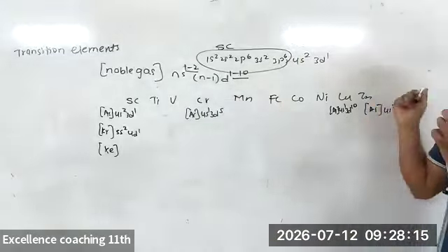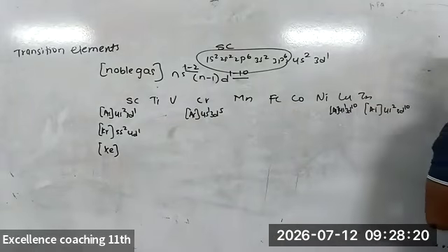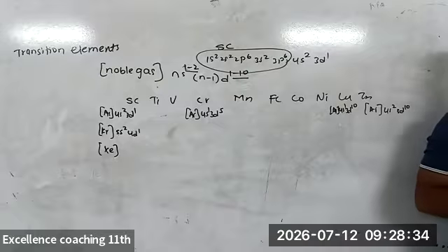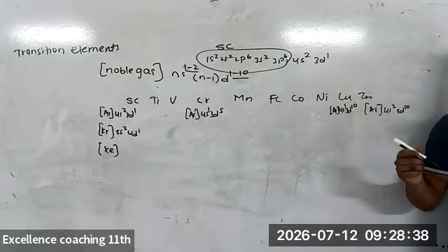So out of this, can you tell me which is not a transition element? Zinc. Because why? The d is fully filled. So what about copper? See, the actual electronic configuration is 4s2 3d9, no? Actual.